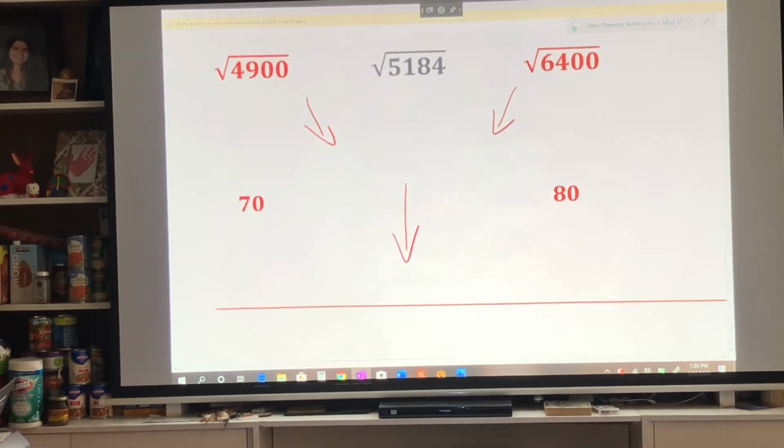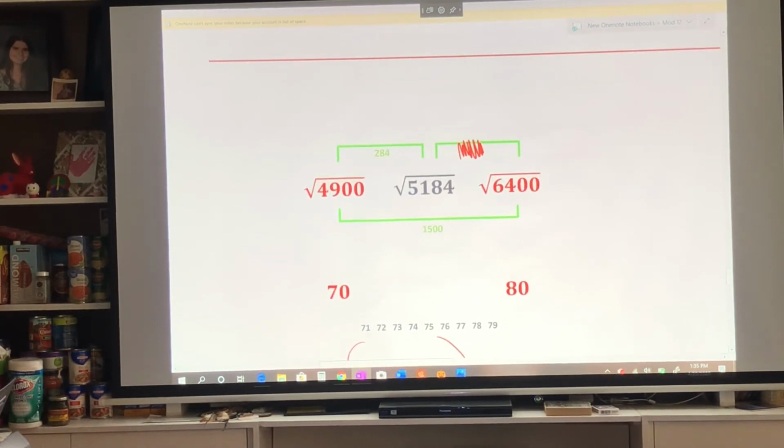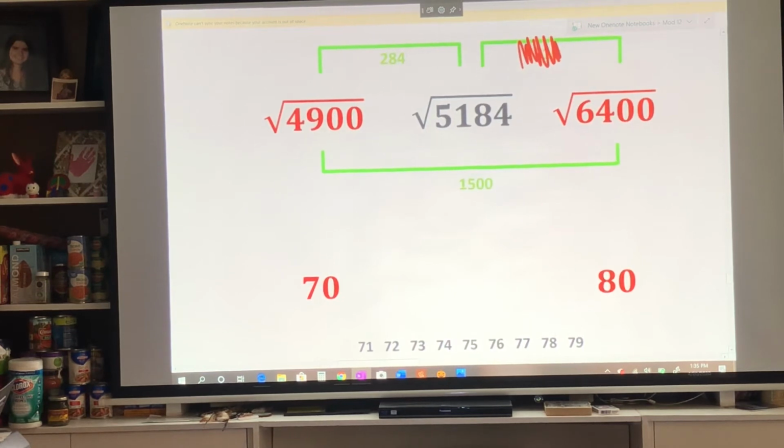I put all these numbers here, and I said, okay, it ends in 4, so what times what gives me 4? 1 times 1 is 1, 2 times 2 is 4, 3 times 3 is 9, 4 times 4 is 16, 5 times 5 is 25, 6 times 6 is 36, 7 times 7 is 49, 8 times 8 is 64.